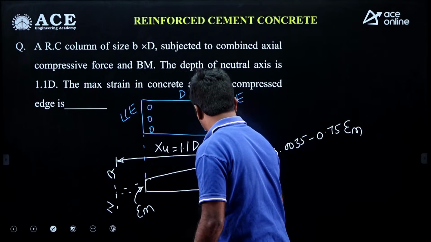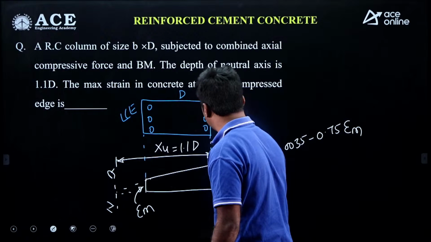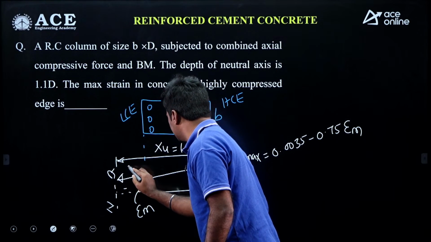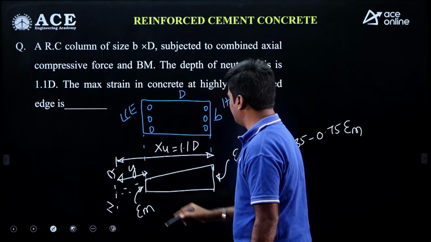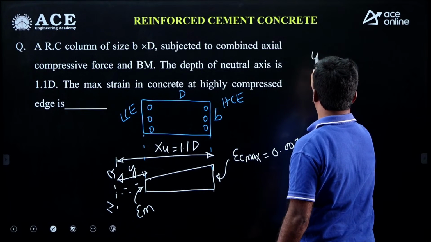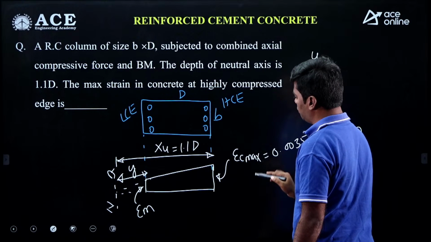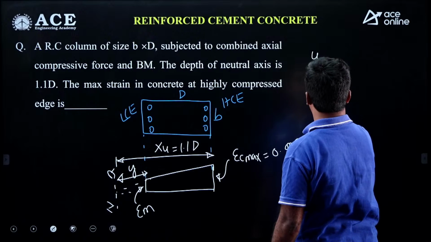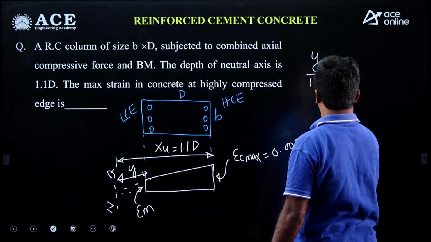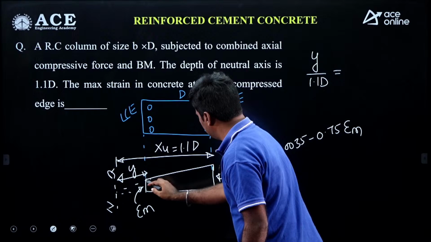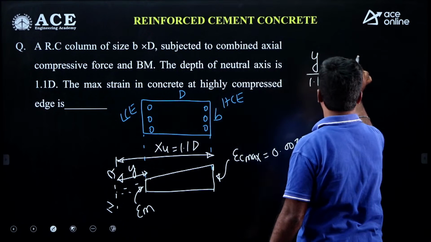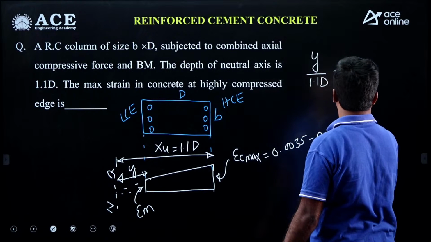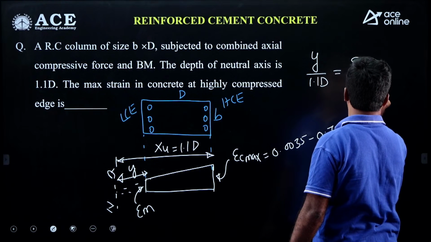My dear, from here to here D, total is 1.1 D. So this depth let us consider y. Now from the similar triangle property, it is y upon 1.1 D equal to, for y distance the strain will be epsilon m, and the maximum strain will be epsilon c max.